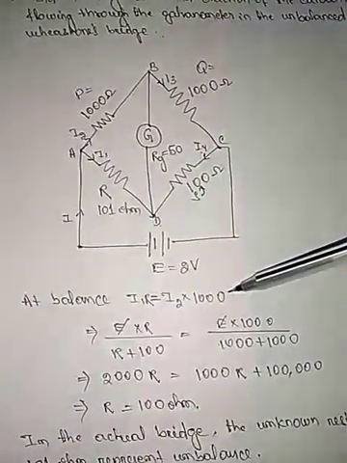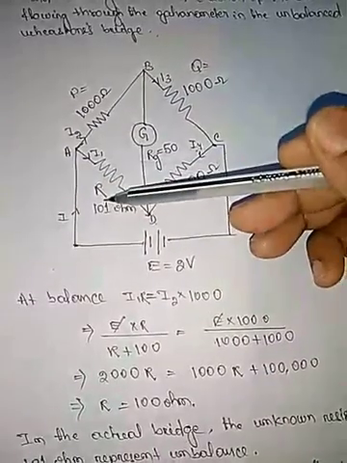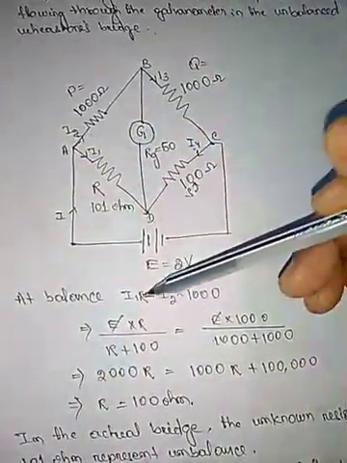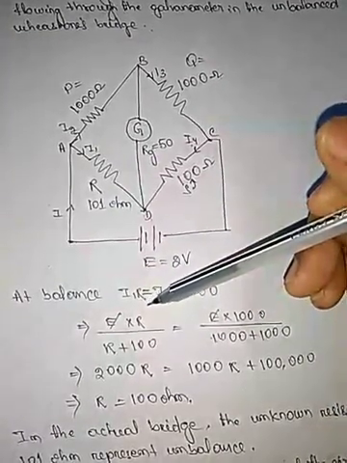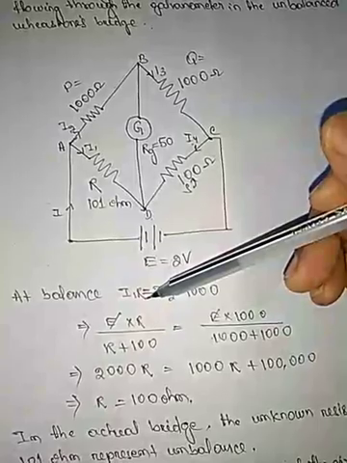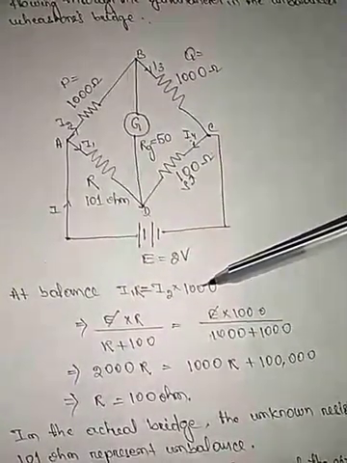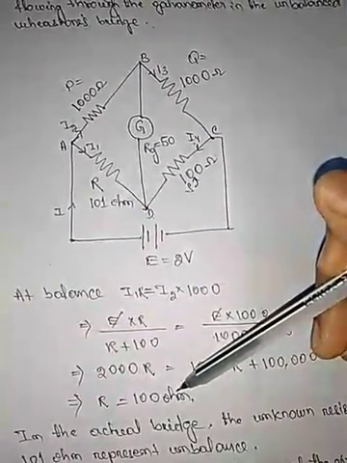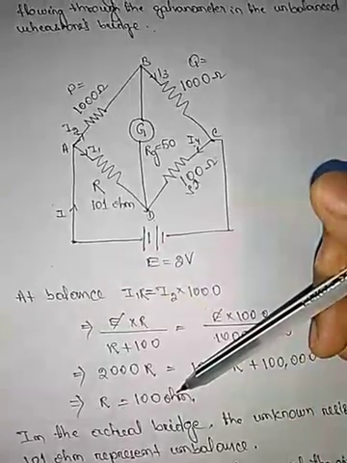I write here I1 into R is equal to I2 into P. Here I find for what value of R the system is balanced. So I do not put the value of R here, only the value of P. After solving, I get R, the actual value of the unknown resistance, equal to 100 ohm.